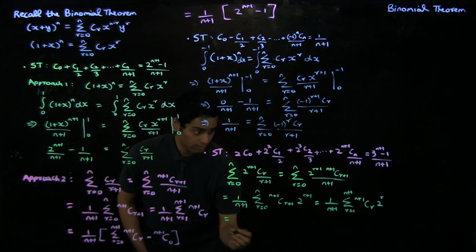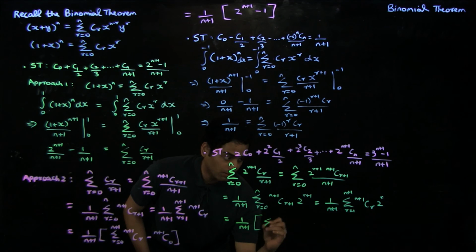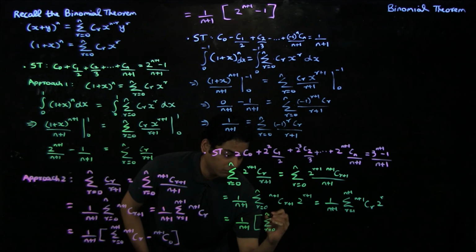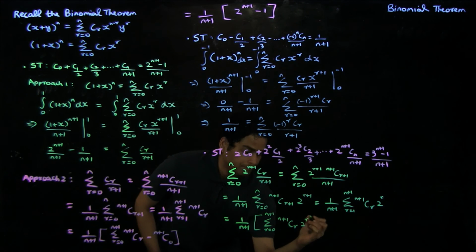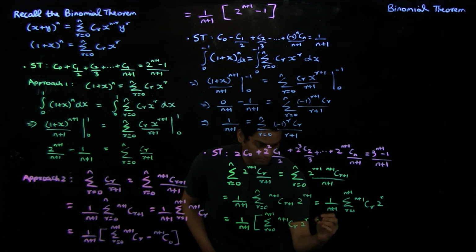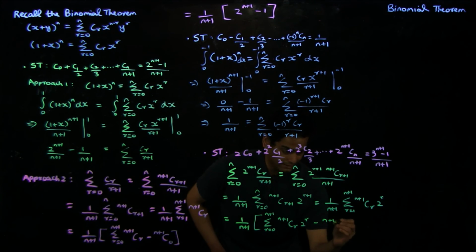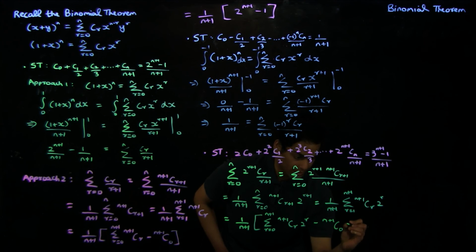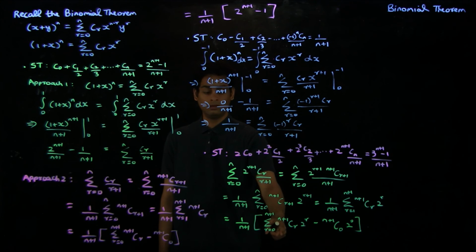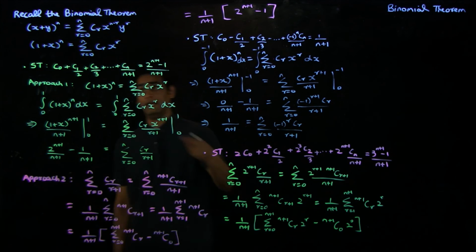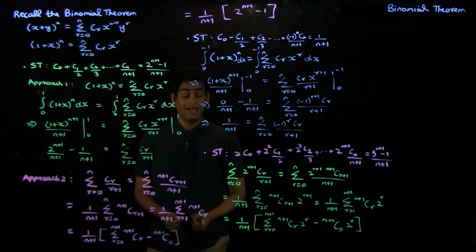So we're going to use that result and have 1 over n plus 1 times the summation r equal to 0 to n plus 1 of n plus 1 CR times 2 power r. So we've added an r equal to 0 term, and now we've got to subtract that term from this summation. So we're going to subtract n plus 1 C0 times 2 power 0. So this first summation, as I mentioned, can be obtained by substituting x equal to 2 in the binomial expansion of 1 plus x to the whole power n plus 1.